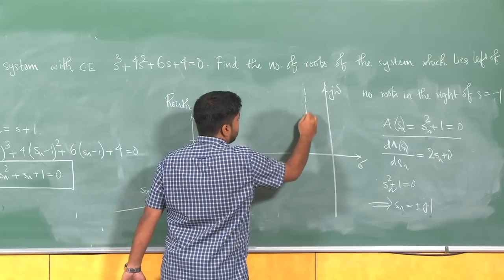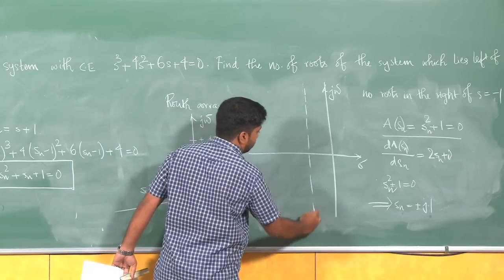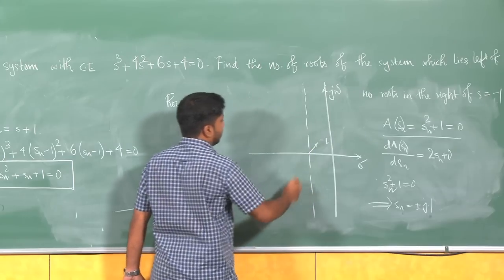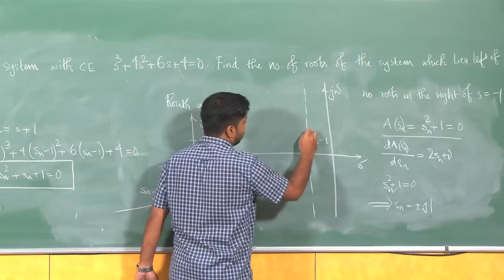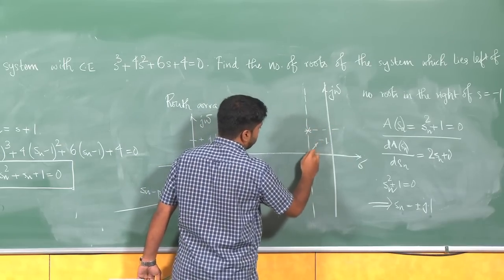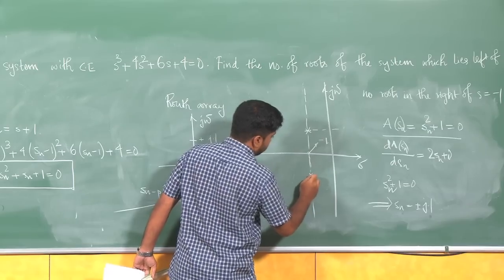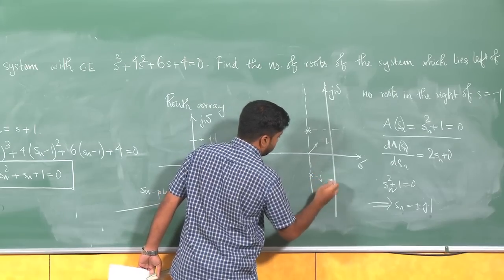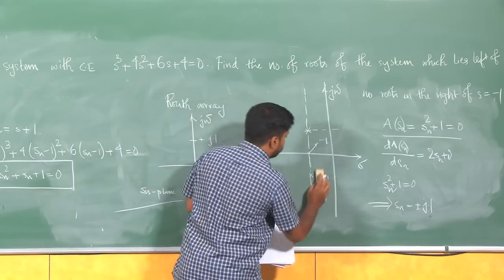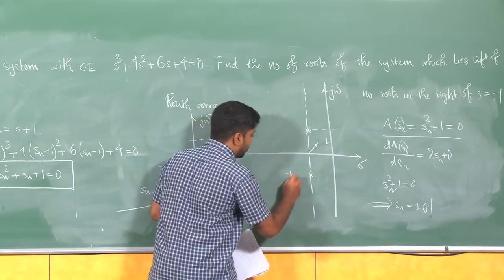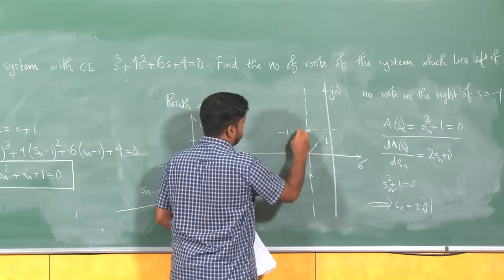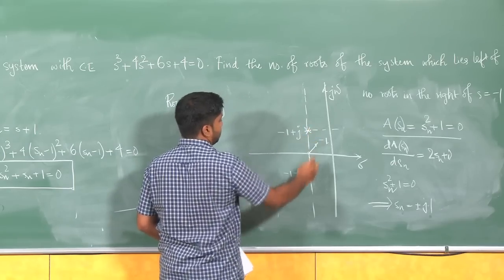We have shifted the axis to minus 1, and there are two roots at minus 1 minus j and minus 1 plus j. So, there are two roots here.